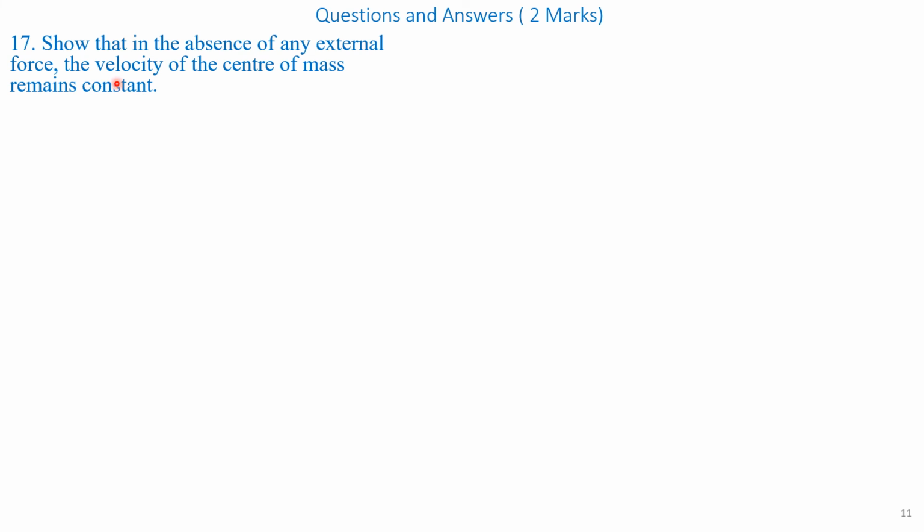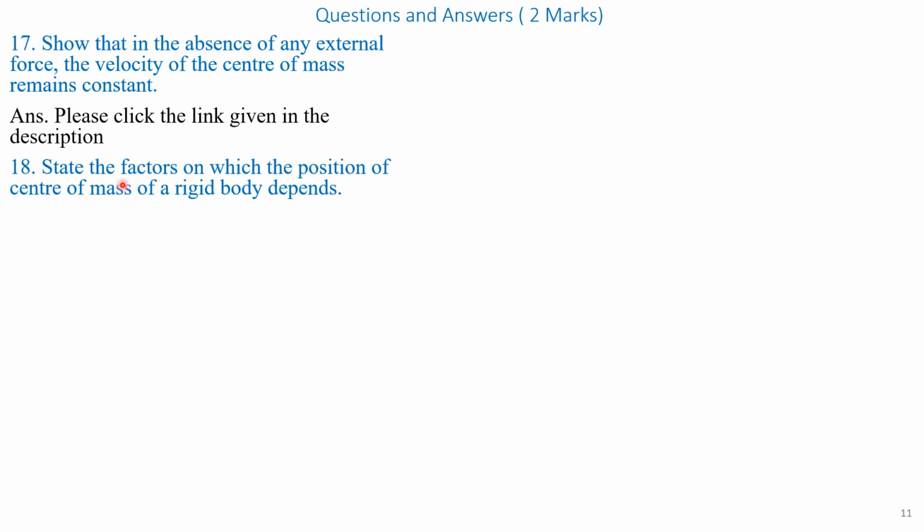Question number 17. Show that in the absence of any external force, the velocity of the center of mass remains constant. This is a standard derivation. Please refer to the link given in the description regarding center of mass. Question number 18. State the factors on which the position of the center of mass of a rigid body depends.